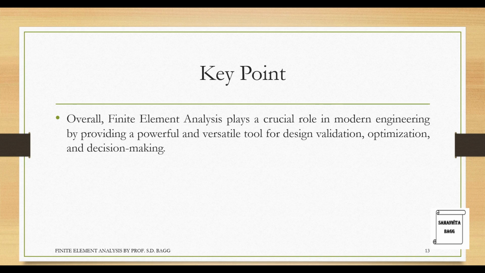So optimization in terms of money, labor, energy, everything is involved. So everything can be optimized and you can get better designs. And this definitely helps you in making better decisions as to whether the company must go with the product or it should discard the product that they have created.